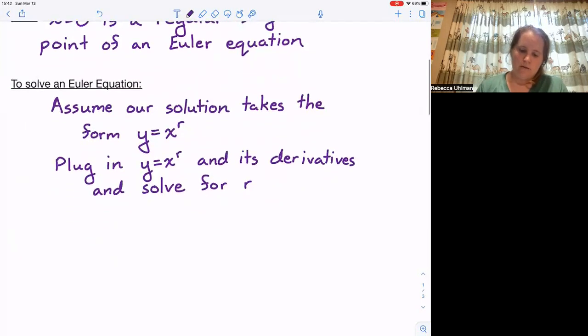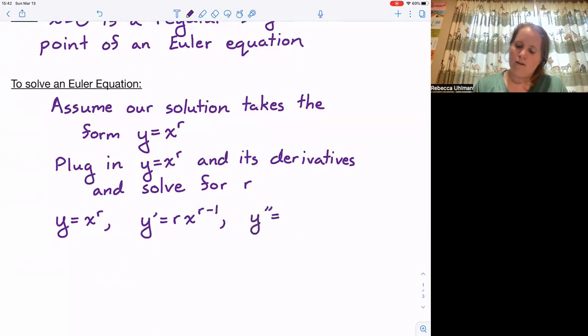So if we have y equals x to the r, then y prime is just r x to the r minus 1, and y double prime is r times r minus 1 times x to the r minus 2.